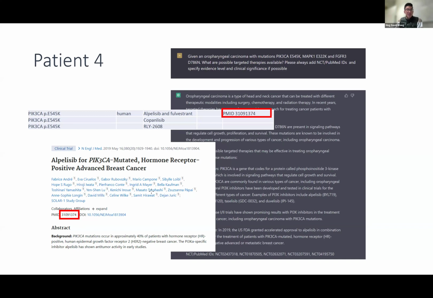So you can see for this drug example, ChatGPT already offered some good results. But as you can also see here, the clinicians also annotated copanlisib and RLY-2608, and these two were not found by ChatGPT. So you can see they differ in some ways, and we have complete evaluations later.